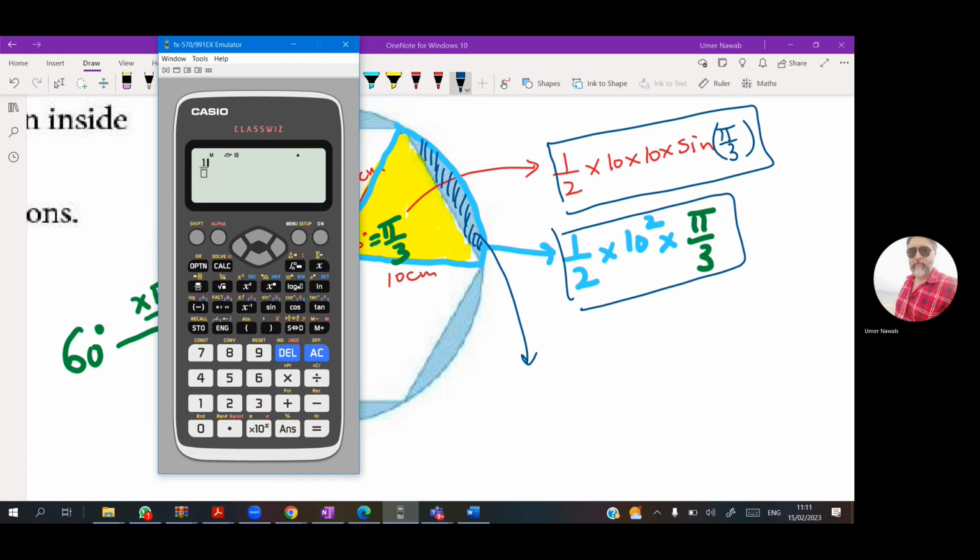Half times 10 squared times pi over 3, minus half times 10 times 10 times sine of pi over 3. I write it in radians because my calculator is in radian mode, so it's better to convert into radians.